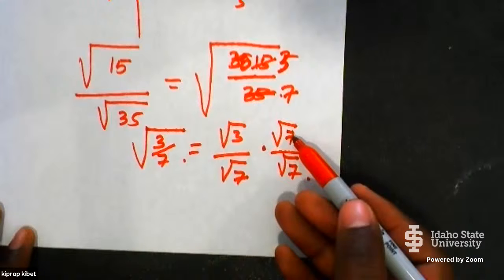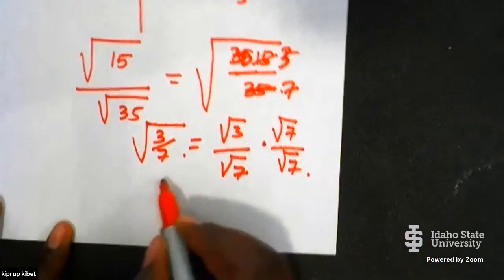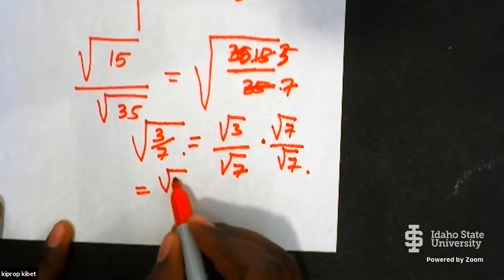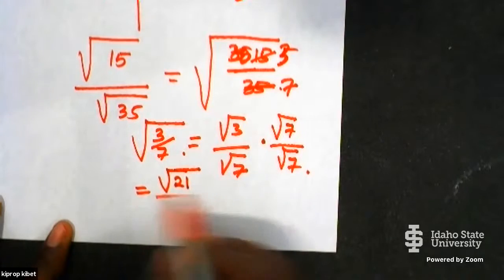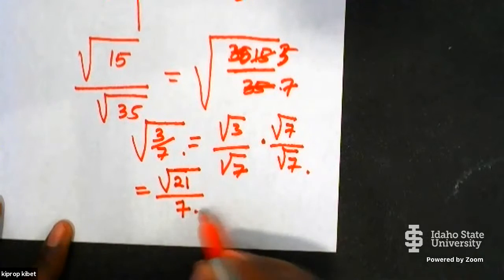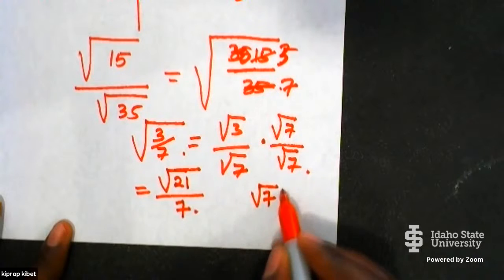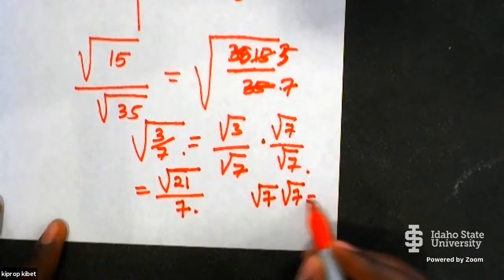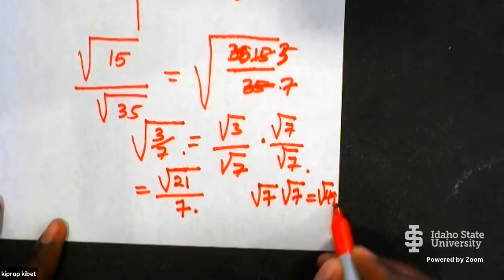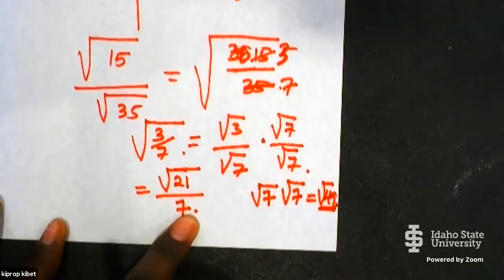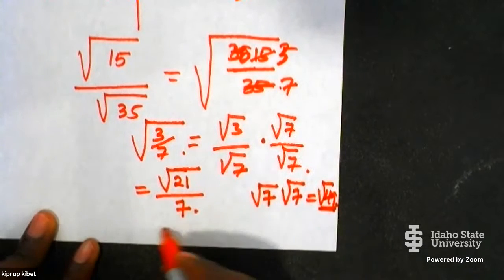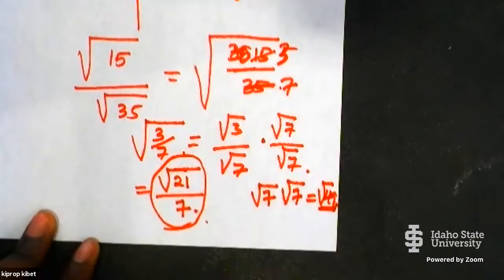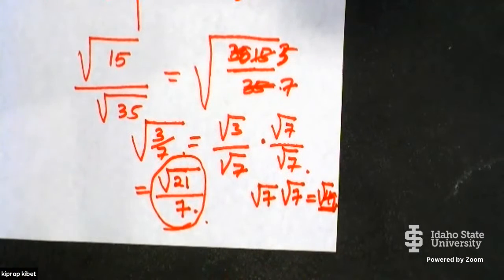When you multiply this, it is the root of 21 all over 7, because the root of 7 times the root of 7 is the root of 49, and the root of 49 is 7. So our rationalized answer is that.